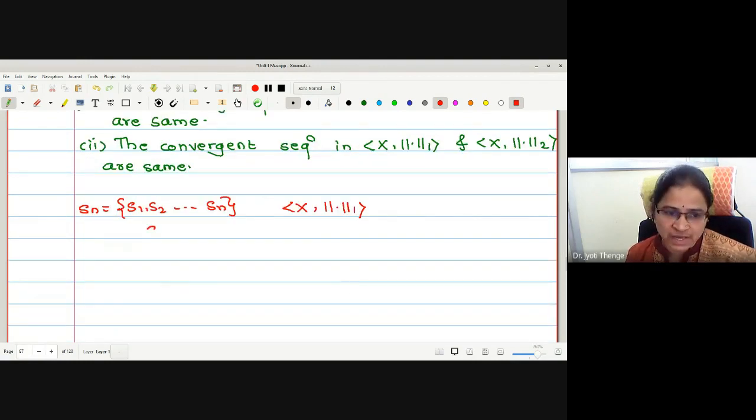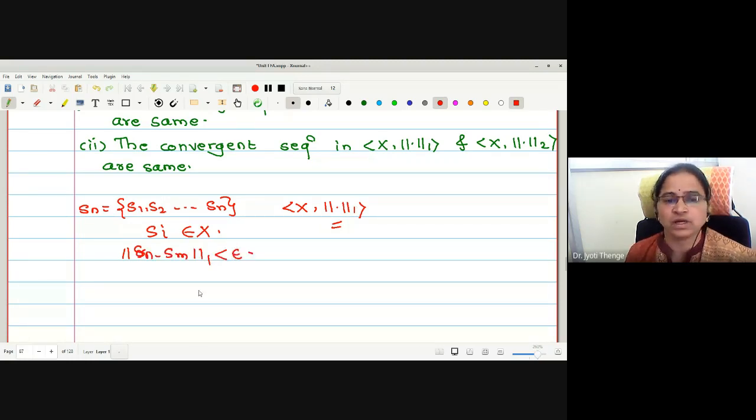All those Si, the sequence elements, belong to the space X, and it satisfies the Cauchy condition regarding norm 1, that is, norm 1 of Sn minus Sm is less than epsilon. Correct. Now we are going to show that the same sequence is Cauchy with respect to norm 2.